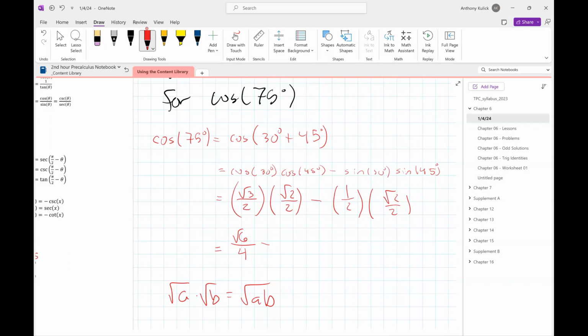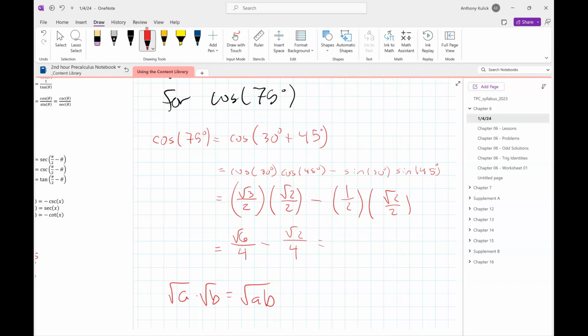And then let's do the next pair of fractions. What's 1 times square root 2? Just square root 2. And 2 times 2 is 4. Now, to subtract these two fractions, what do we need? Common denominator. What do we have? Already have a common denominator. Great.